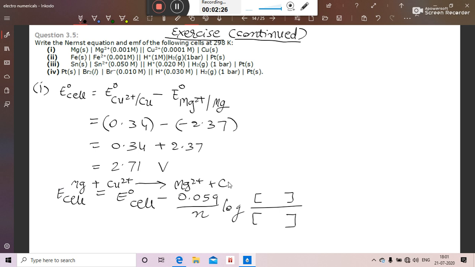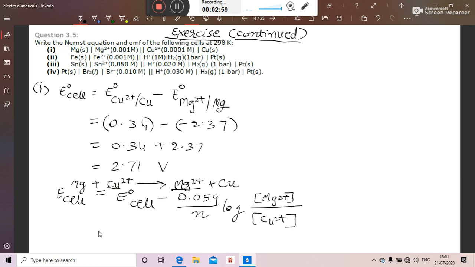From this balanced equation, the ion on the right hand side is Mg2+, which is written in the numerator, and its coefficient is 1, so we write [Mg2+] raised to 1, divided by the ion on the left hand side, Cu2+, whose coefficient is again 1, so [Cu2+].